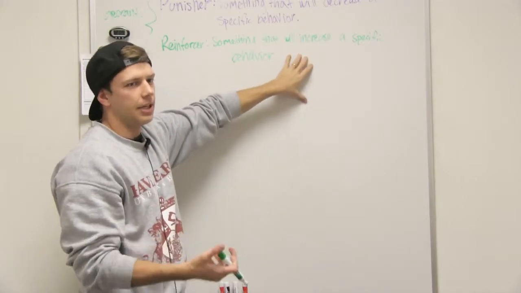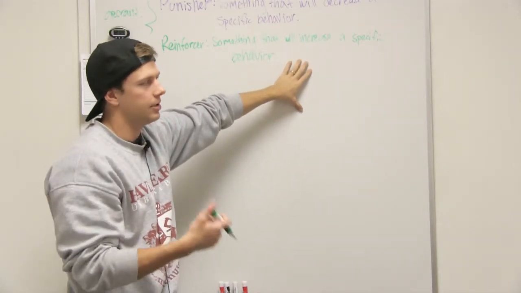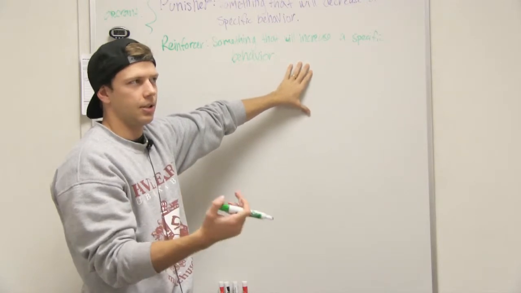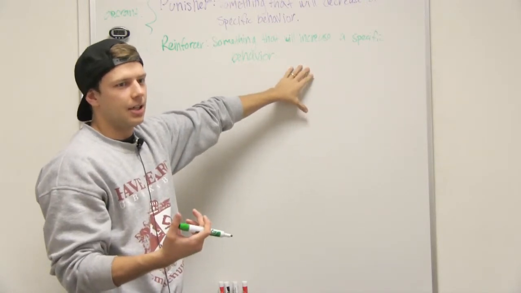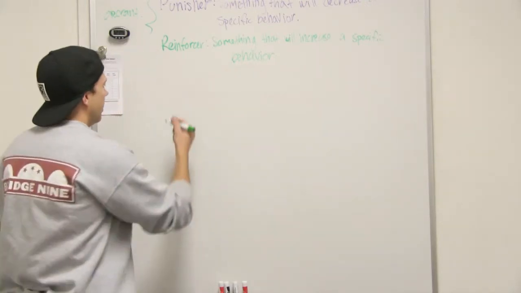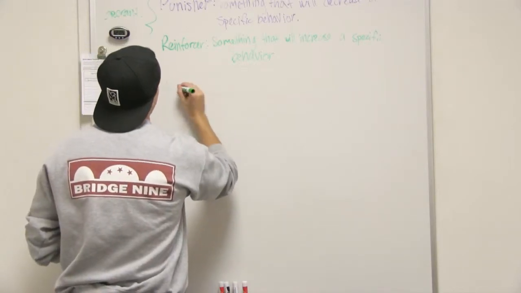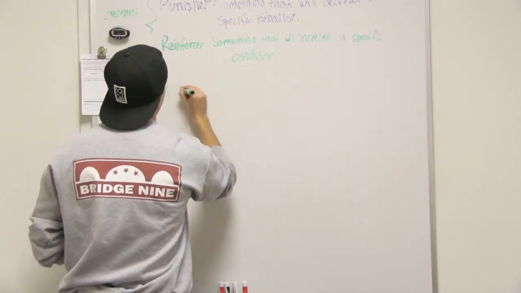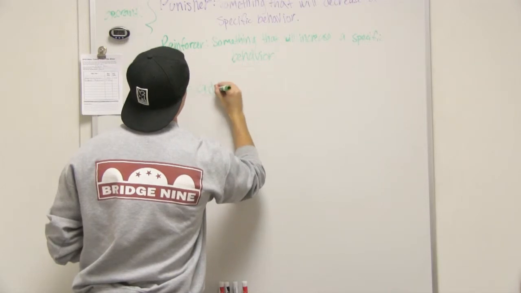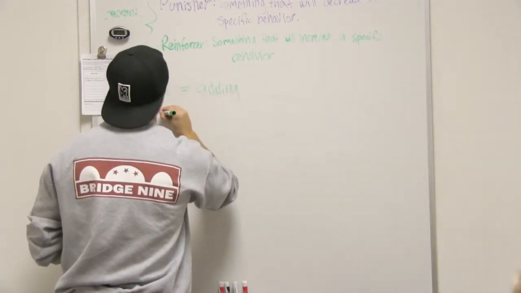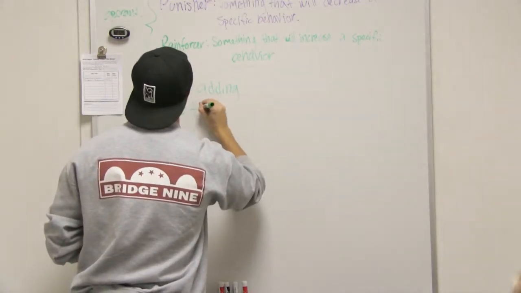So you can't have positive punishment or positive reinforcement mean good; that just doesn't work. So when you think of positive, I want you to think of math. Positive equals adding, and negative equals taking away.